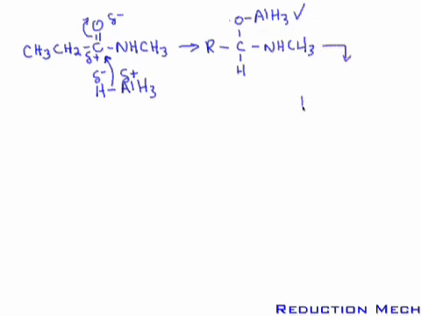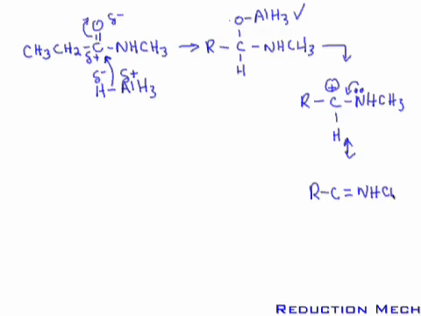And so what happens is you end up getting RCNHCH3 plus H, and that's resonance stabilized by the nitrogen with R, C, double bond, NHCH3, positive on nitrogen, H. And so what left was minus OAlH3 minus.